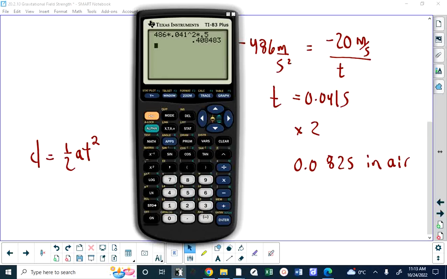Wrap your head around this. If it left my hand here, it would rise to a height of 0.4 meters above it. I'm actually surprised it's that big. But it's going to go from this hand to this hand and back in 4/100ths of a second. Like that. I mean, you wouldn't even see it. It'd just be a blur. And again, this all presupposes that you could actually physically throw the object up at 20 meters per second, and you can't. Okay?